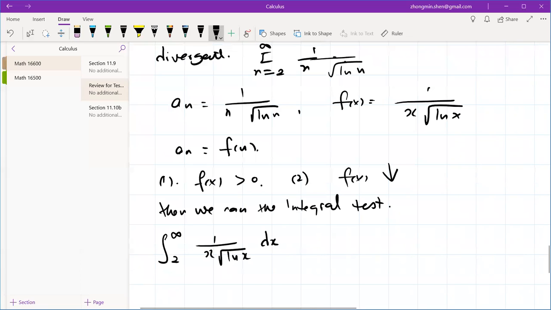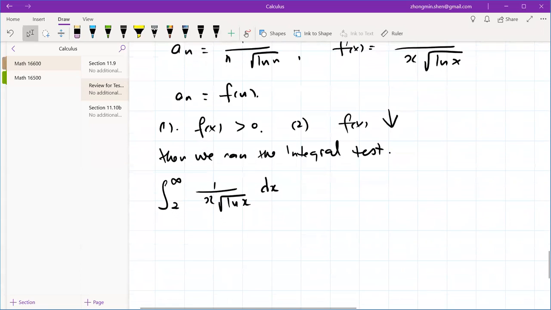When you see the integral of that, how do you solve the problem? Use a substitution. Let u be natural log x, and du equals 1 over x dx. So the integral becomes, when x equals 2, it's natural log 2. When x goes to infinity, u approaches infinity.